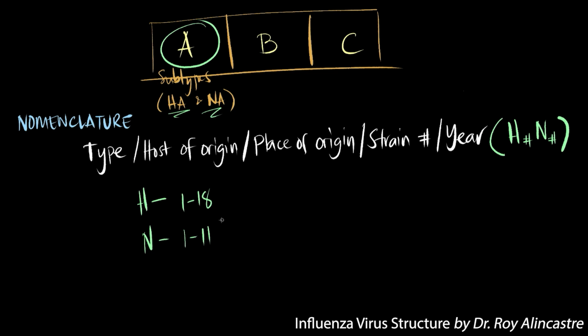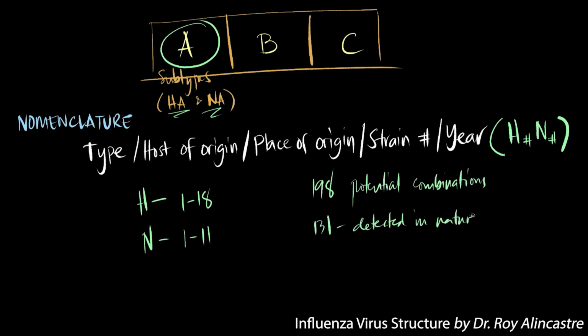So since they are proteins, the differences would be according to the amino acid sequences present. Okay, so there can be a combination of any of the H1 to 18 or N1 to 11. Actually, according to the CDC, there are potentially 198 different influenza A subtype combinations, but only 131 subtypes have been detected in nature so far.